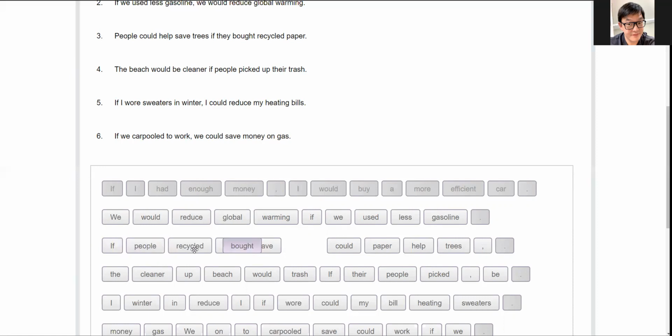If people bought recycled paper, comma, they could save.